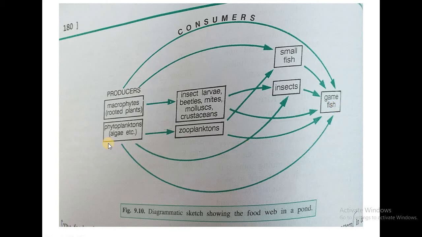And if the availability of zooplankton is not there, or the availability of insects is not there, the producers, the phytoplanktons, are in turn eaten by the game fish. So this forms an interlocking system. That is what is called the food web in the aquatic ecosystem.